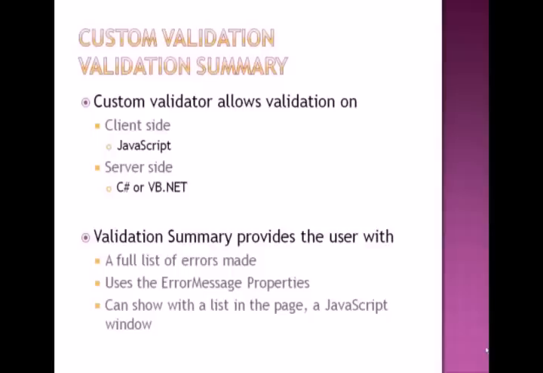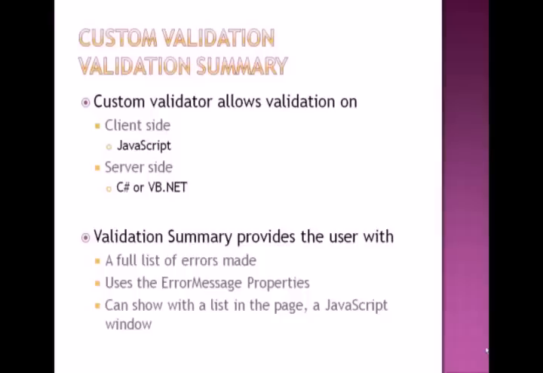This will give you a great deal of flexibility when you are validating the data and the rules that you want to apply and enforce on the data that is being entered to the server.